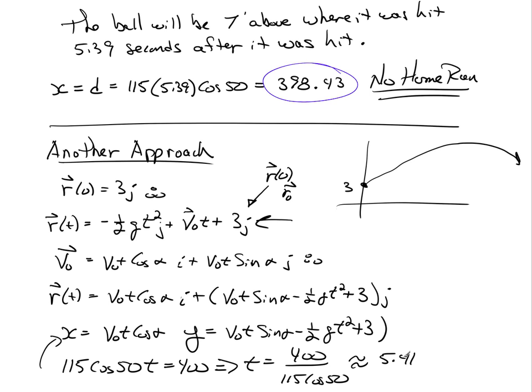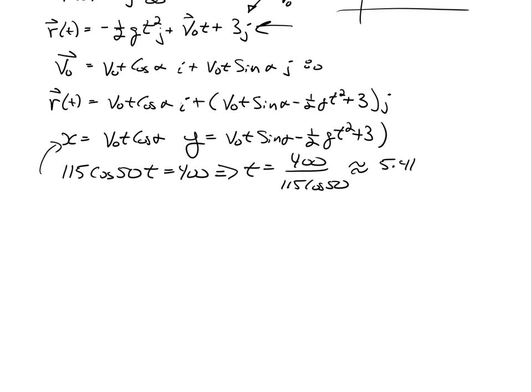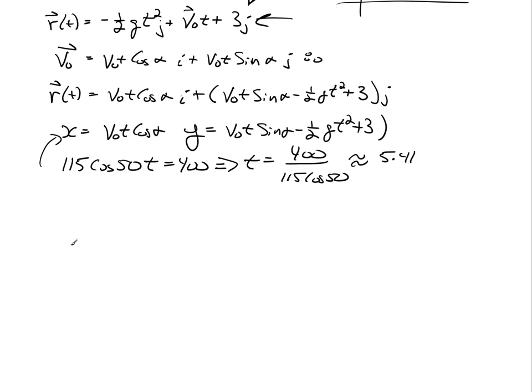So when I put that in for y, y is going to be equal to 115 times sine of 50 times t, which is 5.41, minus 16.1, that's the negative 1/2 g, times 5.41 squared, plus 3.